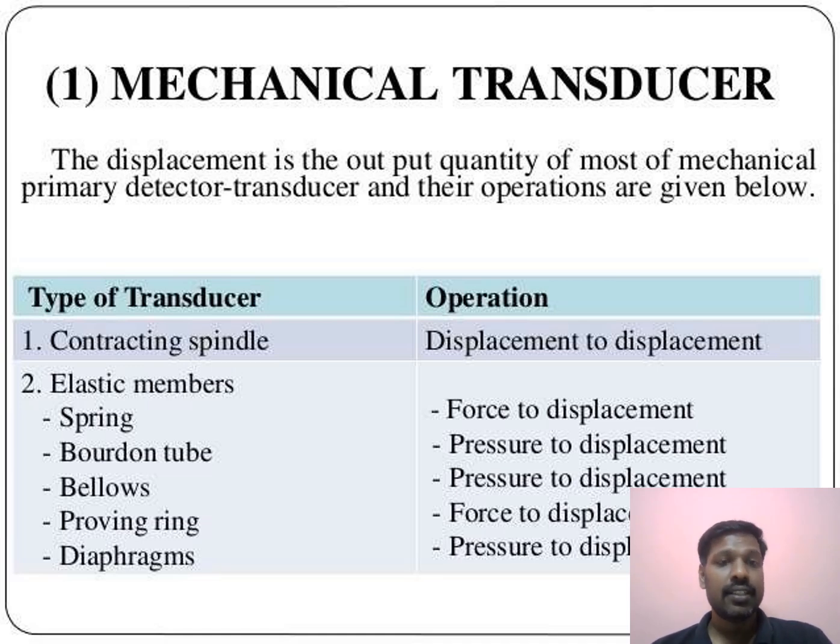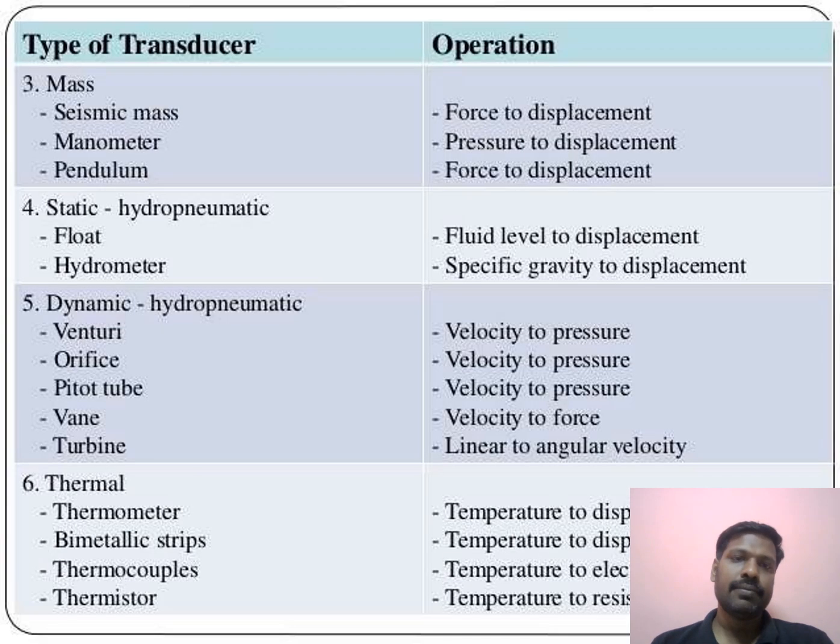So the first one is the contracting spindle, displacement to displacement. Then elastic members: spring, bourdon tube, bellows, proving ring, diaphragms. So spring is force to displacement, bourdon tube is pressure to displacement, bellows also pressure to displacement, proving ring force to displacement, diaphragm pressure to displacement.